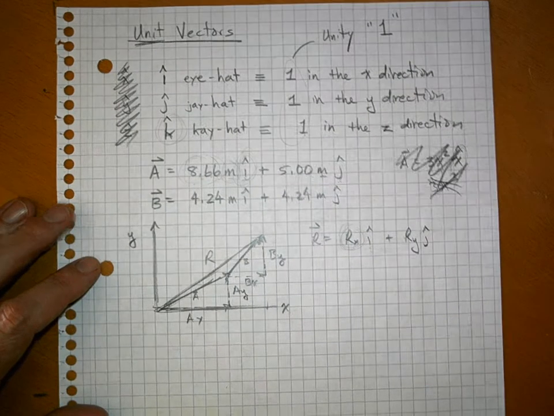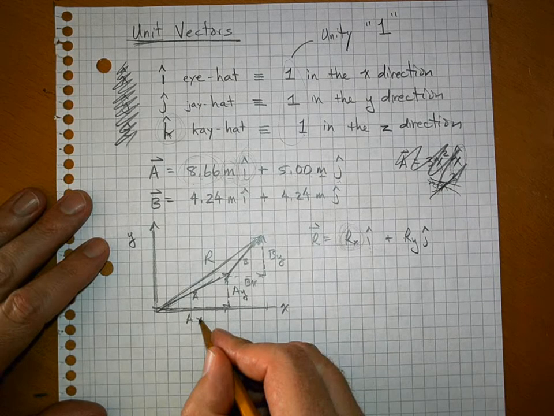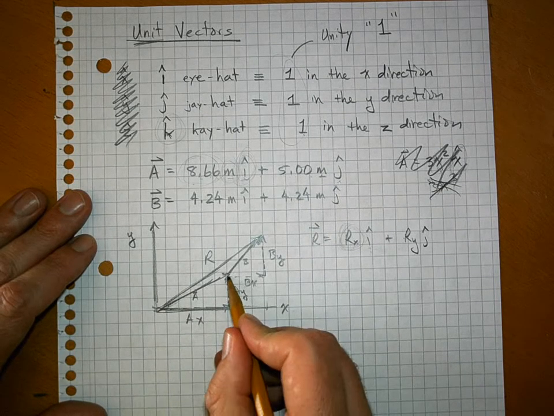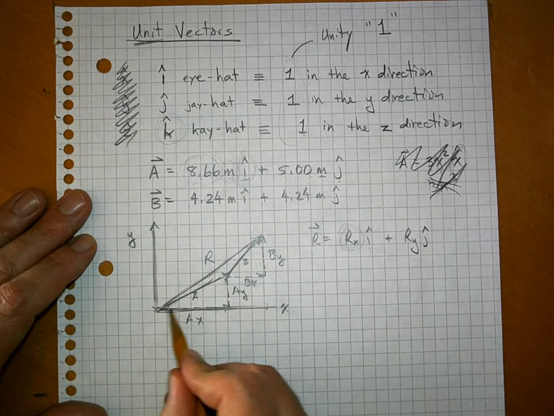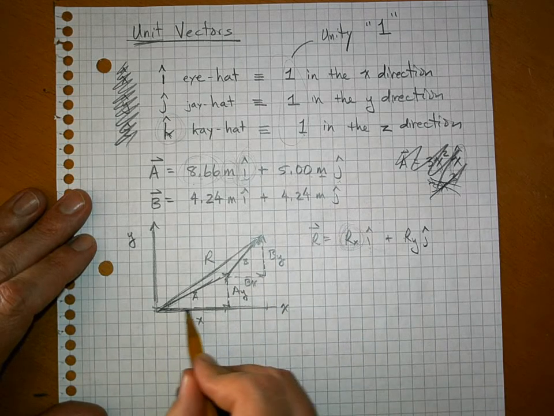Now, what is R in the x direction? What is our result in the x direction? Well, A went this far in the x direction, and B went this far in the x direction, and so R is the sum. You're just going AX plus BX.